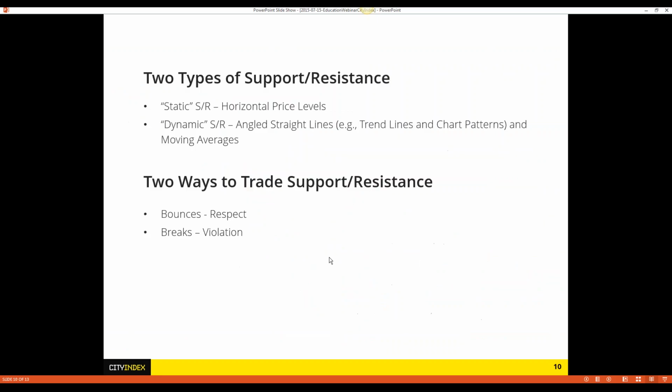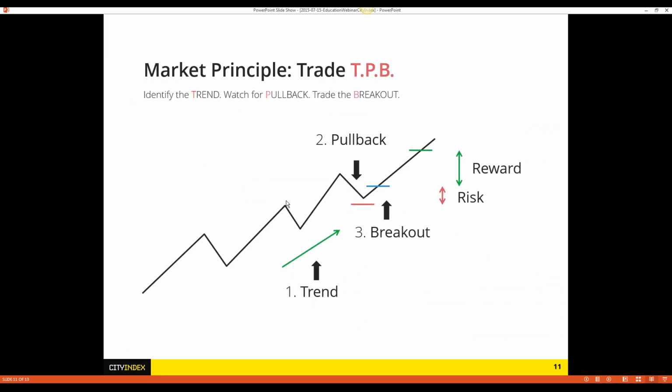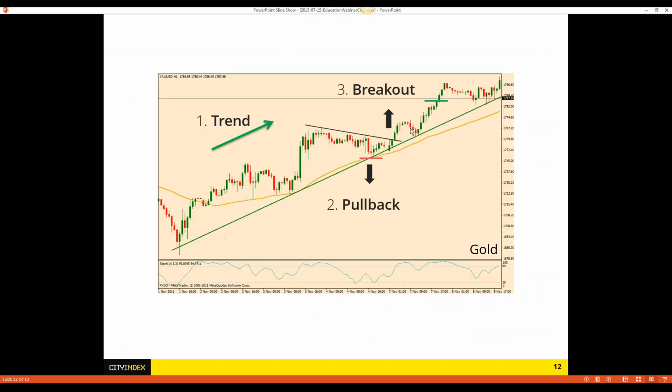Okay, I think all of you have seen this before, TPB, trend pullback breakout. This is basically trend trading. If you look at this trend line right here, this is a pullback, and then it pulls back to the line, and then you have a counter trend resistance line here. If this was a trend channel, then it would be an intra-channel trend line, okay?